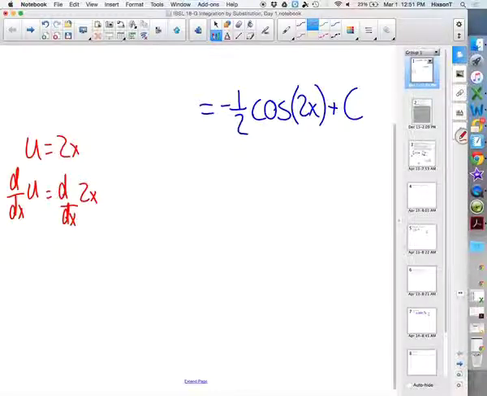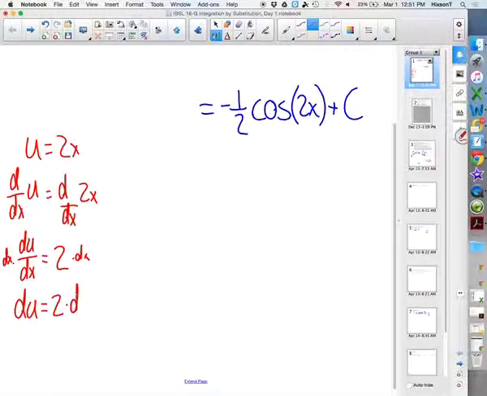This right here on the left-hand side, I could just rewrite as du dx. What is the derivative of 2x with respect to x? 2. It'd be 2. Okay? So, if I wanted, I could now multiply both sides by dx. And look what I have. I have du equals 2 times dx.